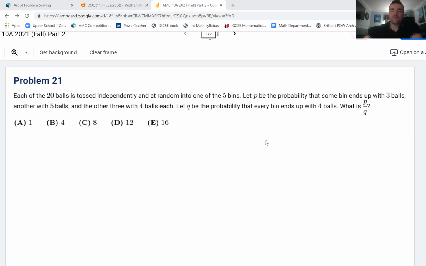When I initially solved this problem, I calculated the different ways in which you could get the balls to be 3 in one, 5 in another, and then 4 in the others. It turns out that there are 20 ways for that to happen.